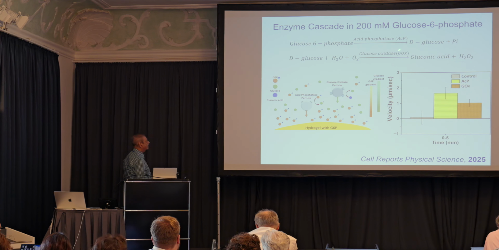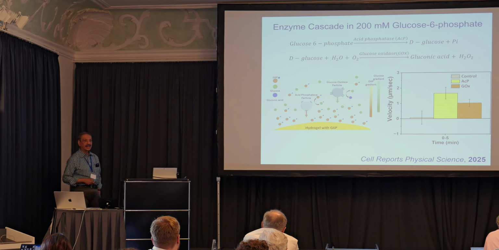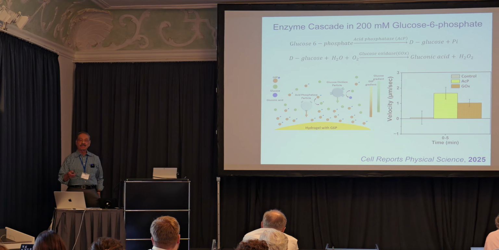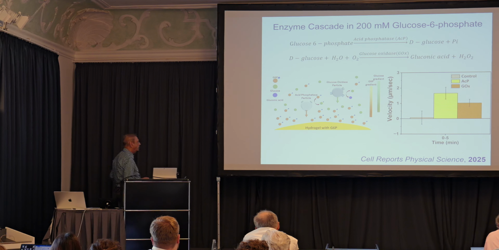In the process, it will form D-glucose through the reaction of the glucose 6-phosphate, which is the substrate for the second set of particles. So they will follow. Again, it's a predator-prey situation, one population of particles chasing the other set of particles.